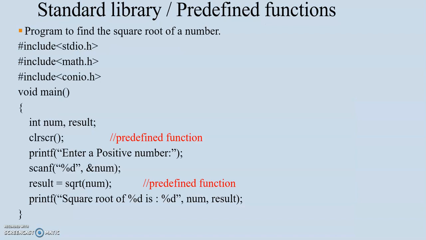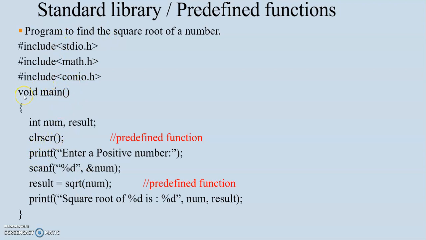Now, here we have written a small program to find the square root of a number using predefined functions. Let's include stdio.h, as we are going to use printf and scanf. We include math.h, as I want to use the square root function, and conio.h to clear the screen.